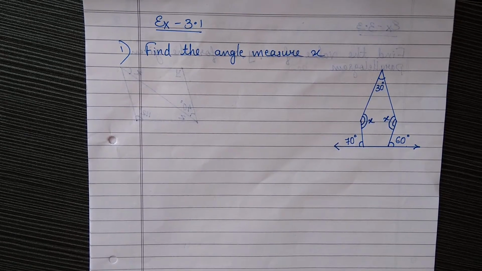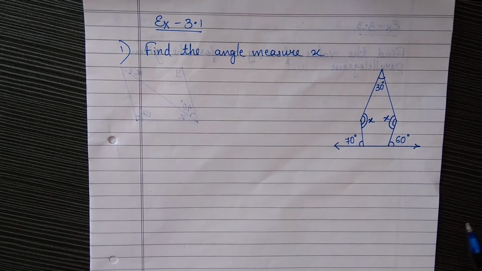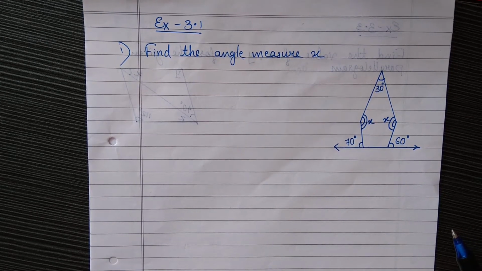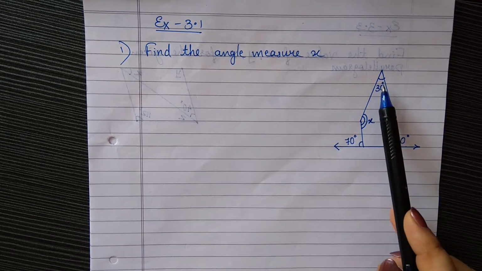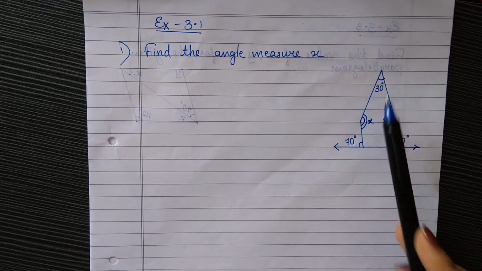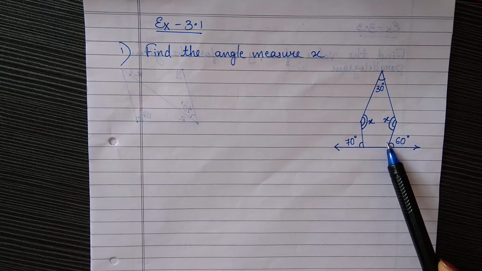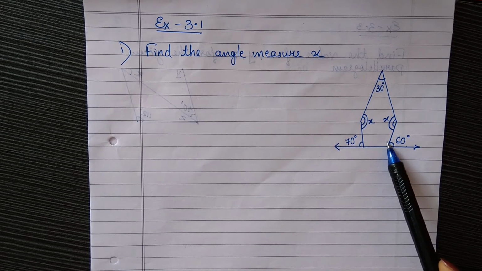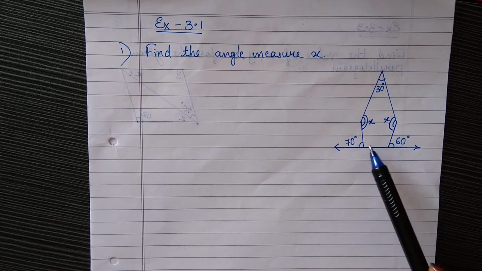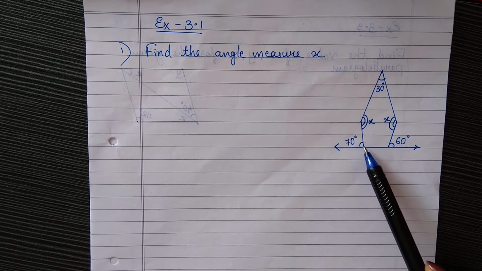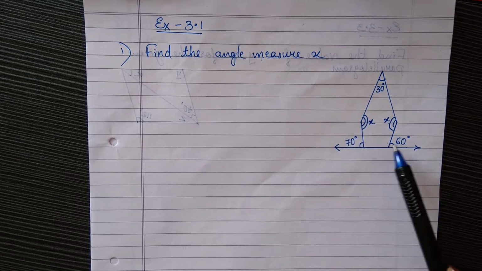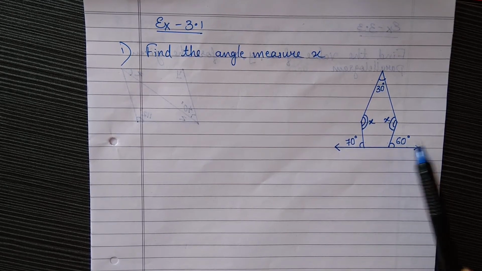Now for solving it, we need all the interior angles of a pentagon, but we have only 3 angles. See, 1, 2 and 3. These remaining 2 interior angles are not there with us. So first of all, we have to find the measure of these interior angles using these 2 exterior angles.